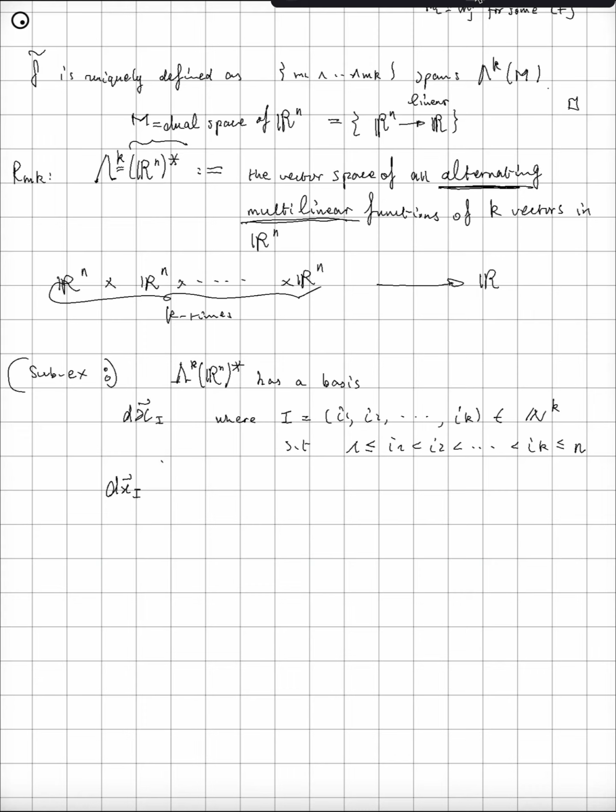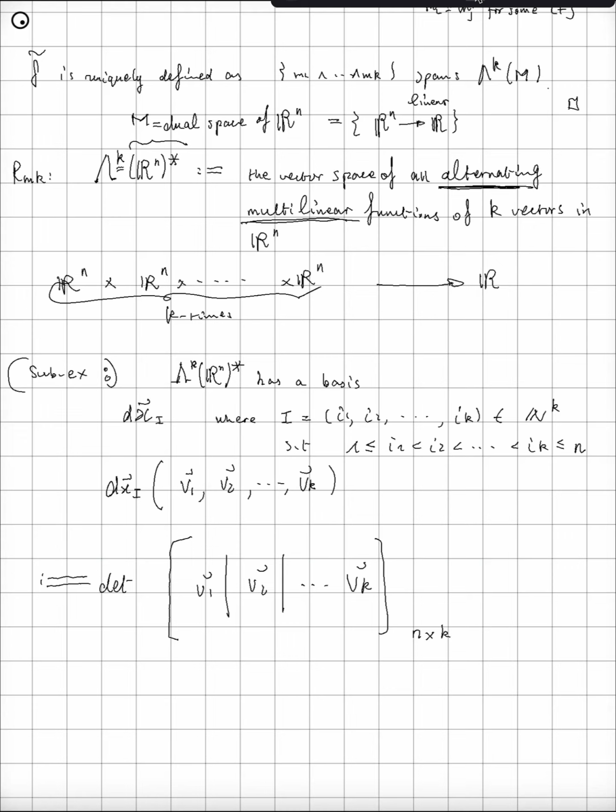Given k vectors w1, w2, ..., wk, look at this matrix with columns w1, w2, ..., wk. This is in particular an n by k matrix. We want to compute the determinant, but this doesn't make sense at this moment because it's not even square.